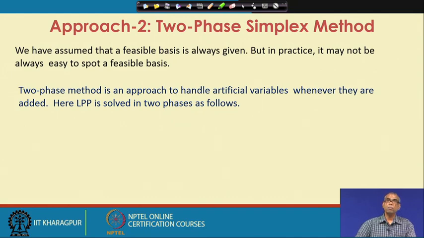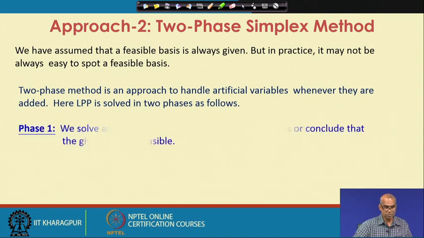So, we have seen the big M method where you penalize these artificial variables in the objective function. In the two-phase method, these artificial variables are handled in two phases.